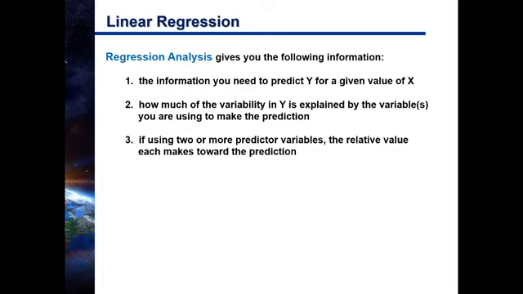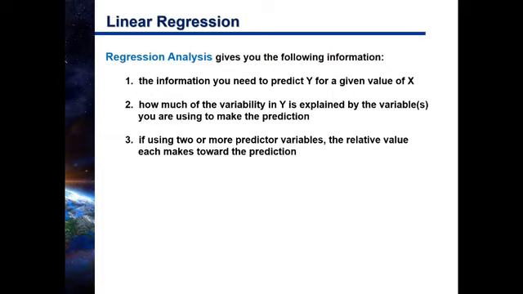Okay, third use. If you're using two or more predictor variables, it's like saying X's, right? But we can't call two variables X. We have to give them different names. So let's say we're using the predictor variables A, B, and C. Variable A, variable B, variable C. Those are our predictors, okay? What we're using to make the prediction.